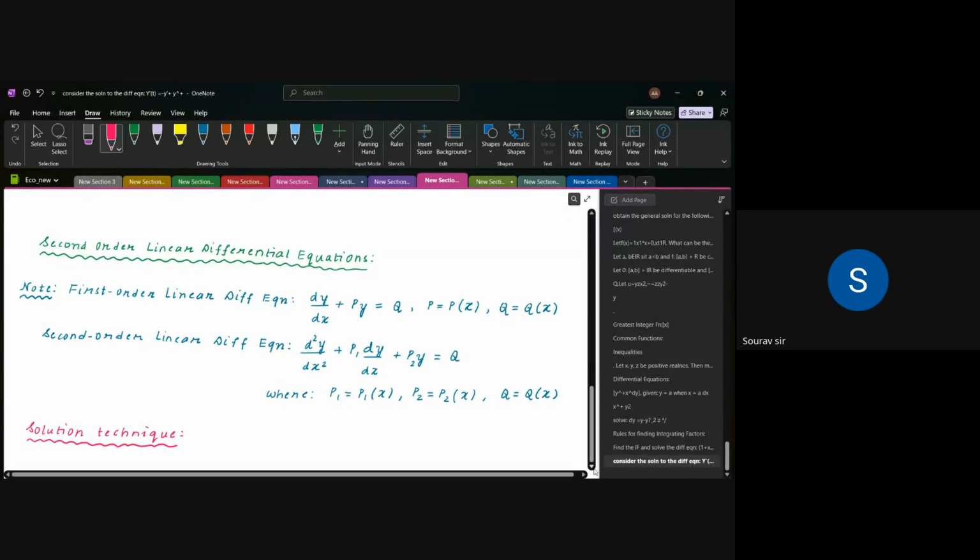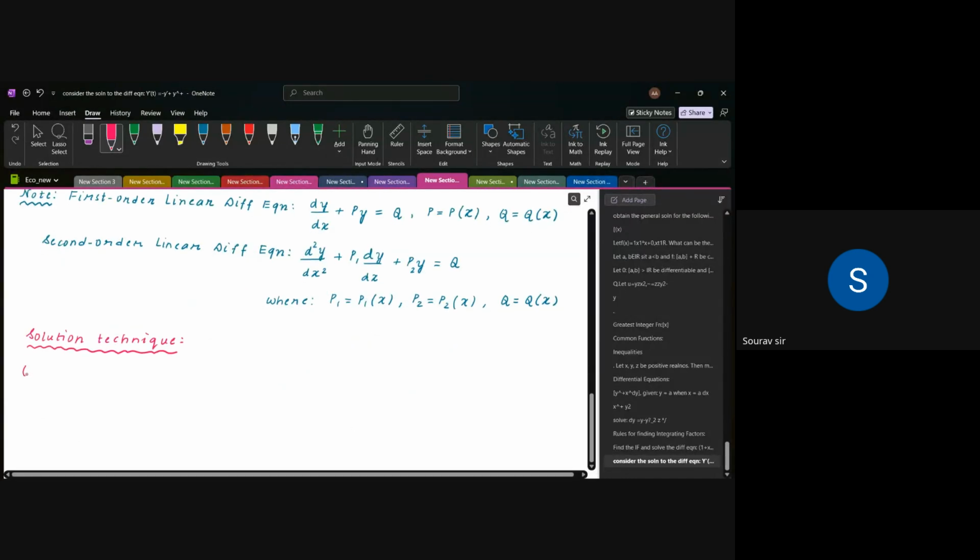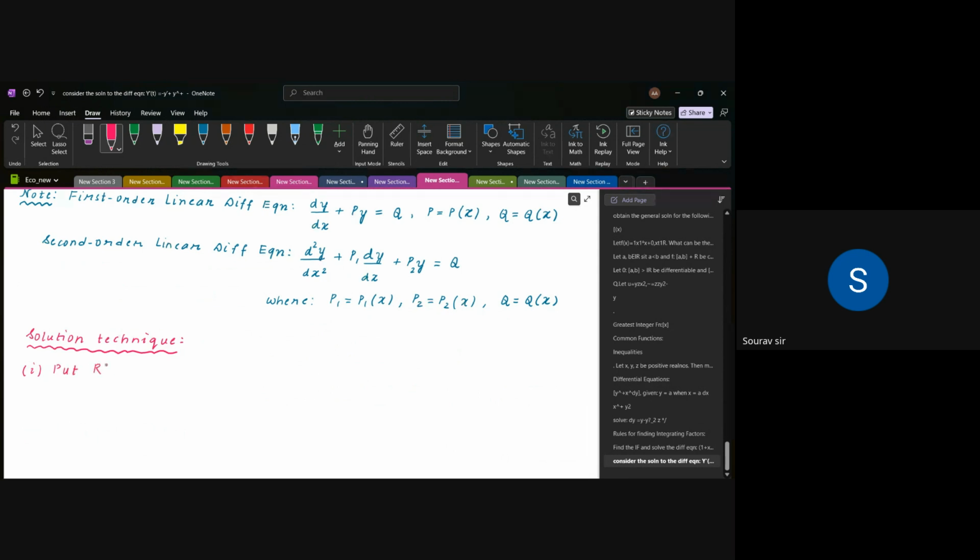The first thing that you will do is put the RHS as 0, that is, put Q equals to 0, and then solve the remaining differential equation, which will be d2y by dx2 plus p1 times dy by dx plus p2y is equals to 0.